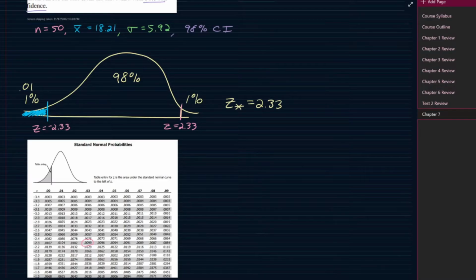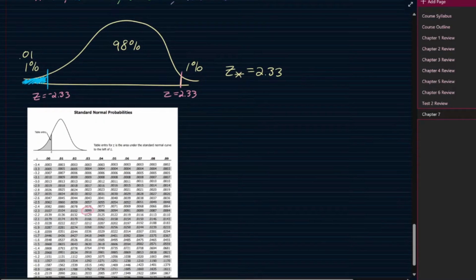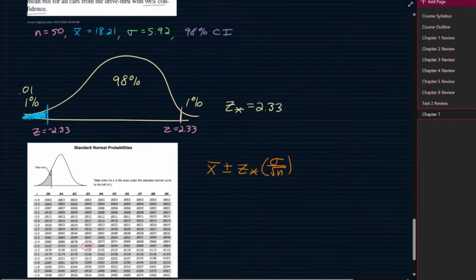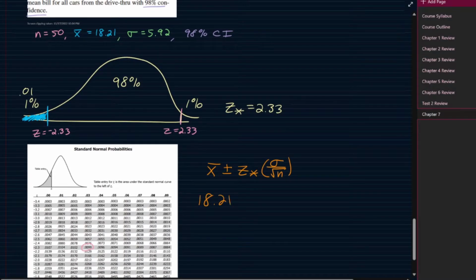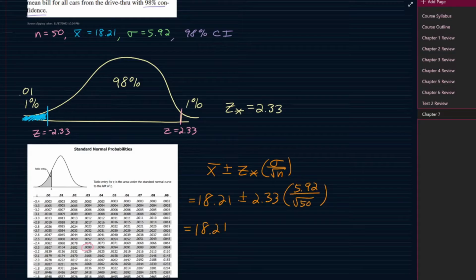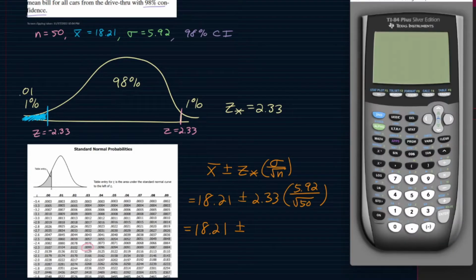The formula is X bar plus or minus Z star times sigma over square root of n, giving us 18.21 plus or minus 2.33 times 5.92 over the square root of 50. Let me calculate the margin of error. Remember, the margin of error is the part to the right of the plus-minus.